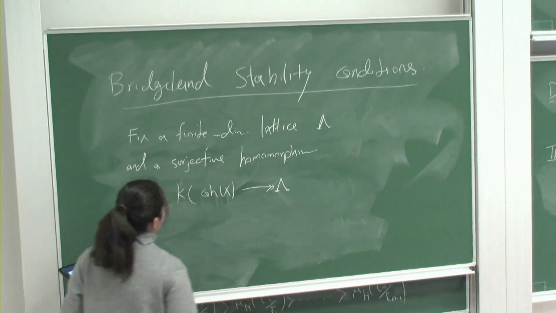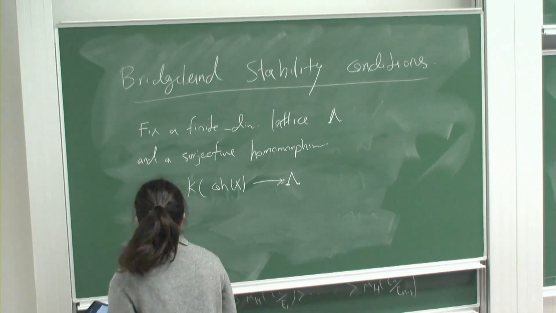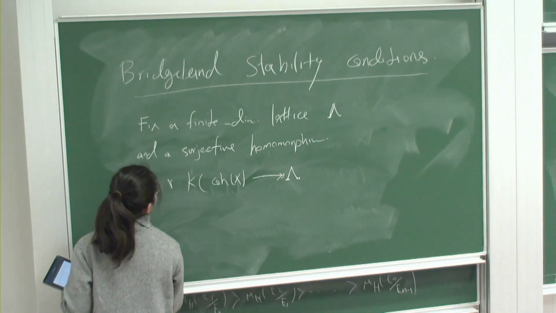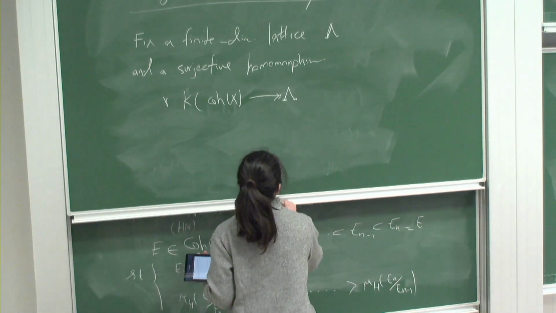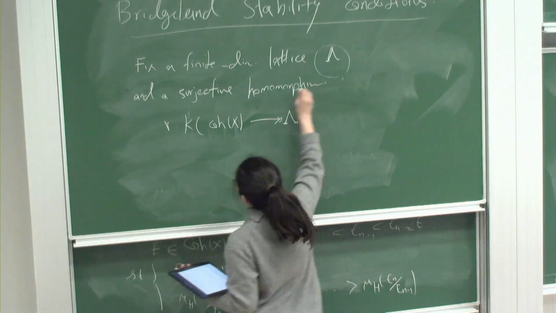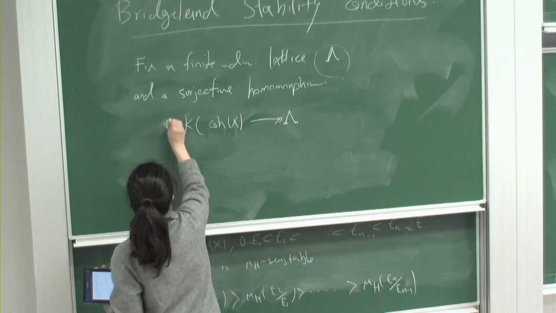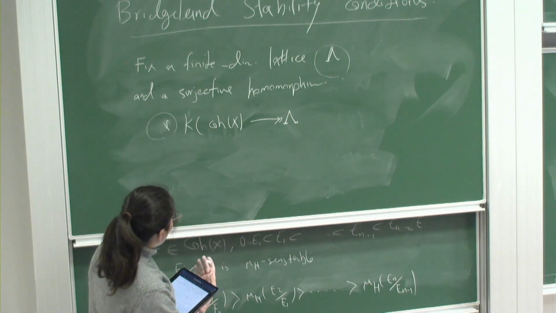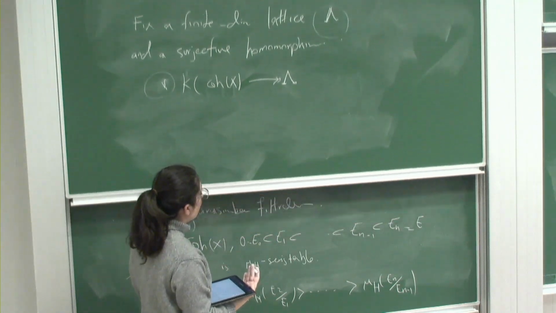Okay, so that's the starting point of this theory of Bridgeland stability. I need to fix this lattice lambda and this surjective morphism V, and work with this lattice from now on.